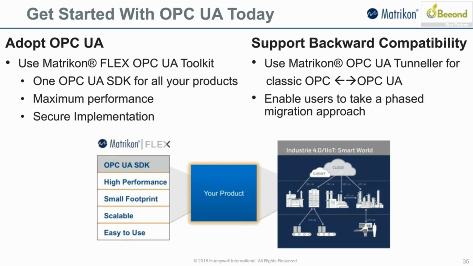So even as a vendor, you might require the tunneler until you have OPC UA implemented, so you can talk to clients, or when you do have OPC UA implemented, so you can support backward compatibility to OPC Classic. So the tunneler gives you that interoperability for your product, as pointed out earlier.